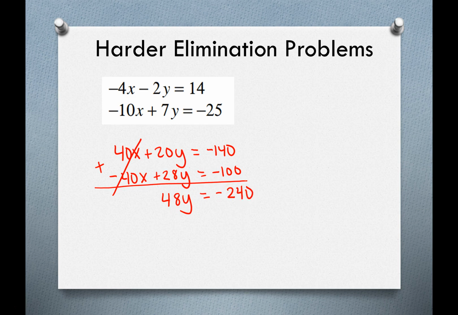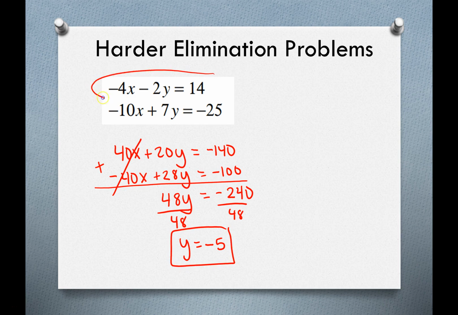Now a negative 240 divided by 48. How lovely. It gives me y equals negative 5. All right. I'm going to take that y equals negative 5 and plug it into the top equation. So that'll give me negative 4x minus 2 times negative 5 equals 14.